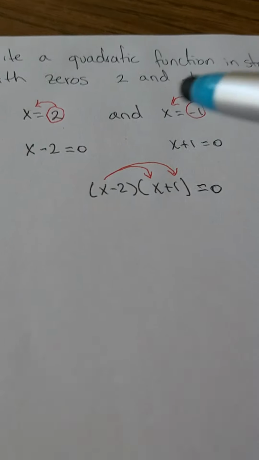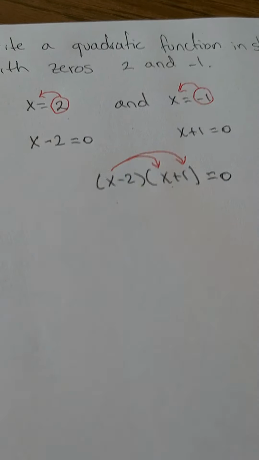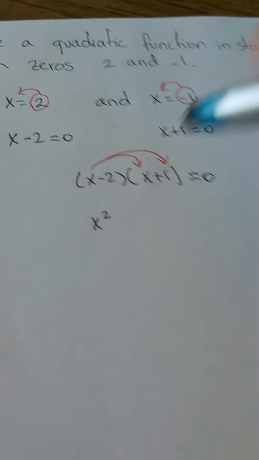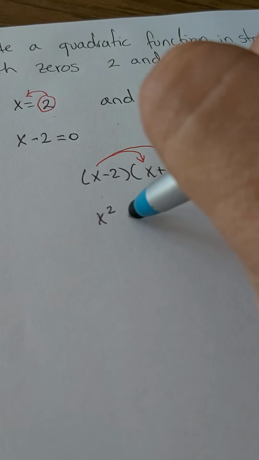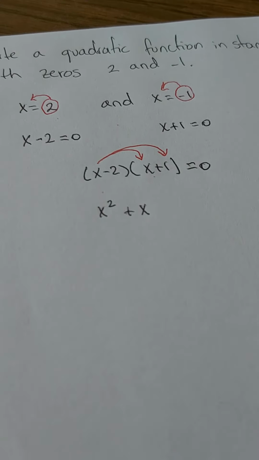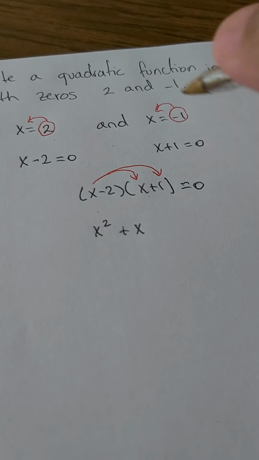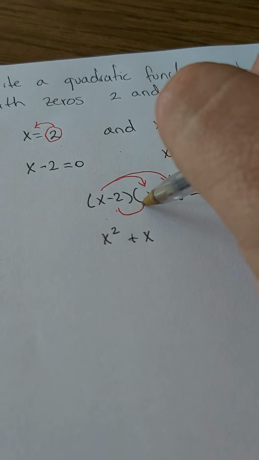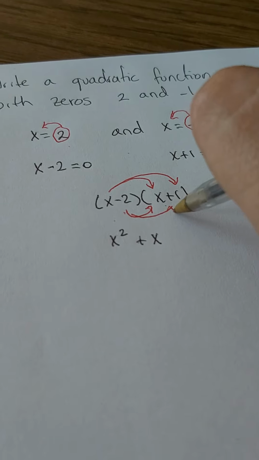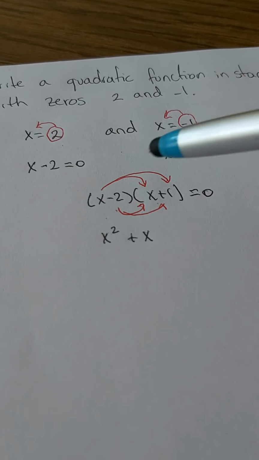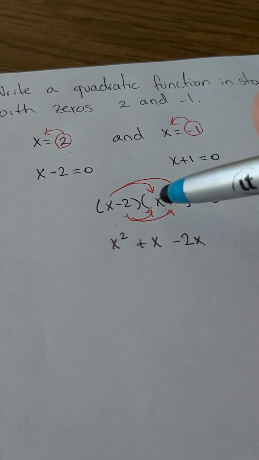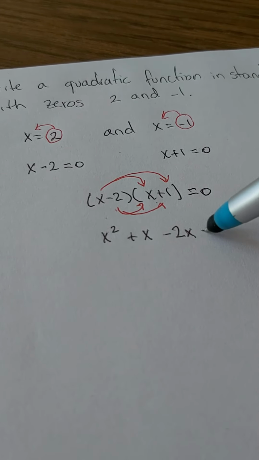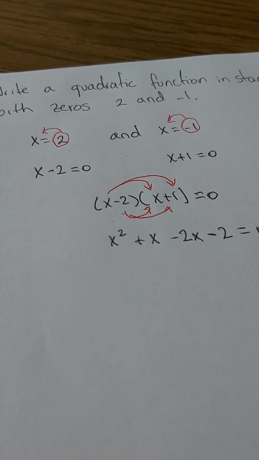First, we're going to multiply x times x, x squared. x times 1, 1x, just x. The second distributive property, negative 2 times x is negative 2x, negative 2 times 1, negative 2, equals 0.